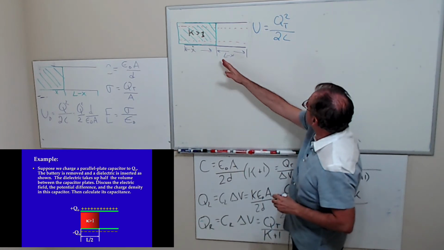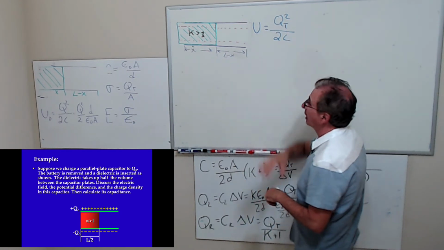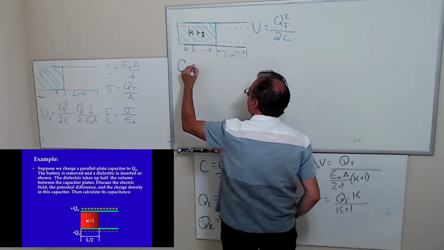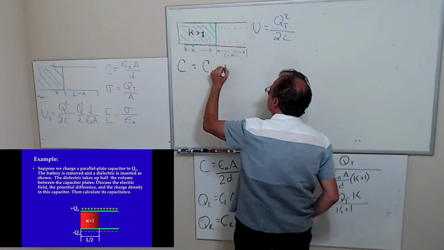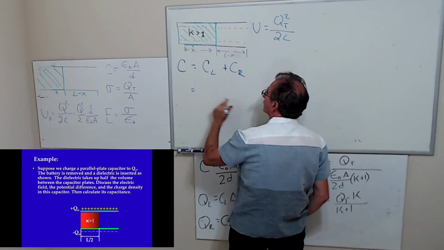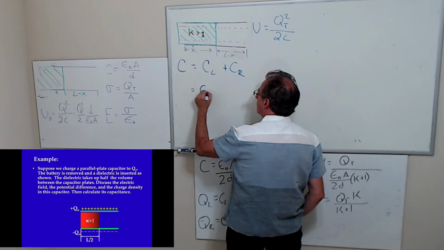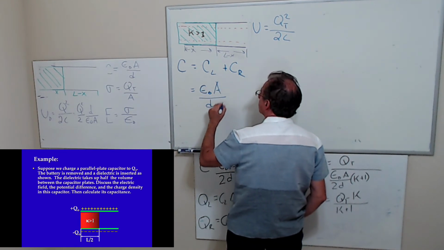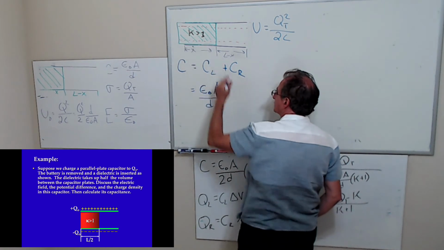I need to write an expression for C because the numerator is the same. I want to know the total capacitance. That's going to be C left plus C right. Well, C left is going to be epsilon naught A over d times whatever fraction of the area this is in underneath.